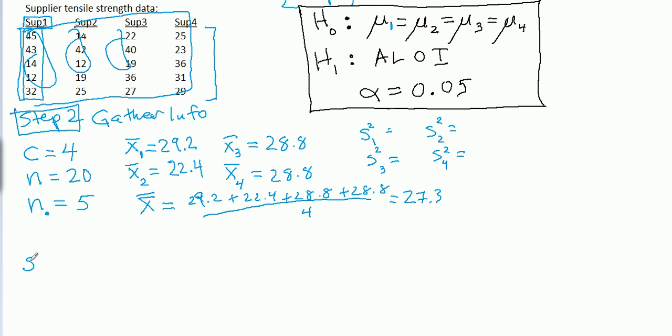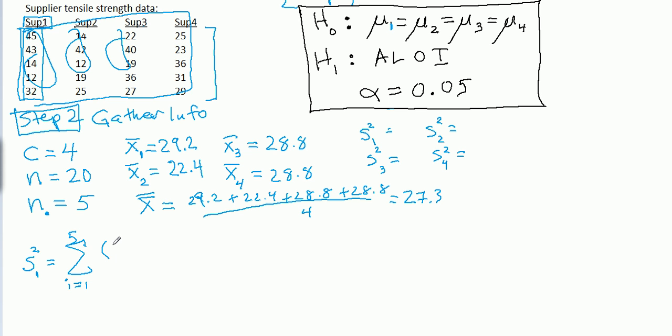Recall the formula for variance was you go through each of the observations. Since we have 5, I'm doing it for group 1, from supplier 1, so there's the subscript 1. Because this is 2, this is 3, and this is 4, I need to distinguish them.